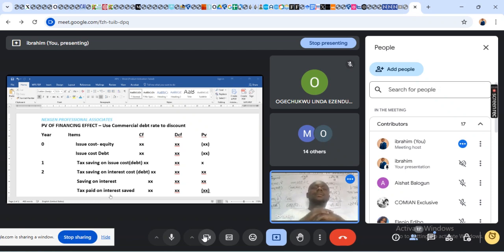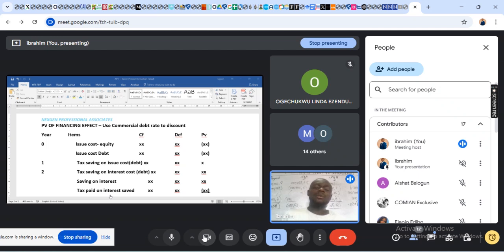Now, the next thing is tax savings on issue costs. Class, tax savings on issue costs. There is always a tax relief on debt to the company. So what will be the tax savings on issue costs? For instance, if the tax rate is 30% and the issue cost is 50 naira, it will be 30% of the 50 naira that will give you the savings.